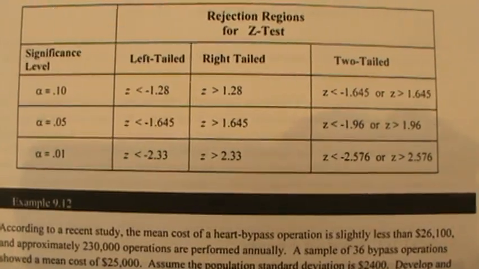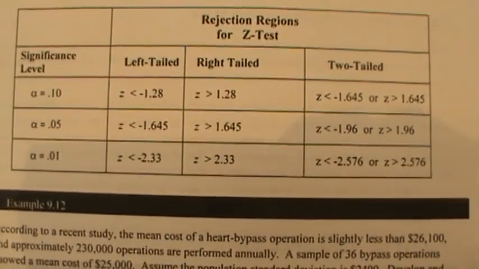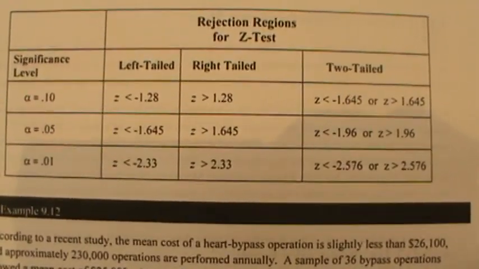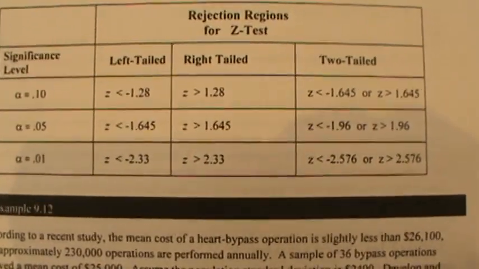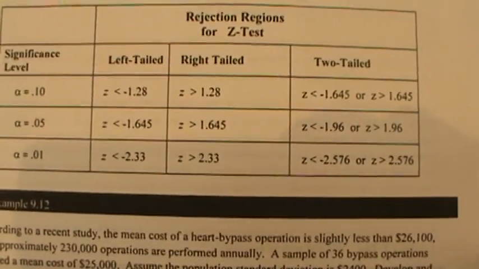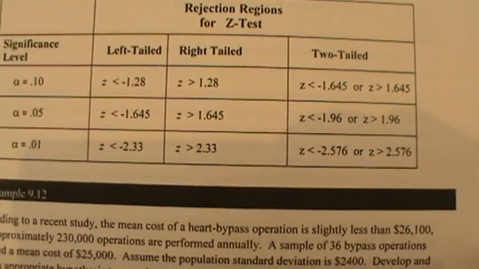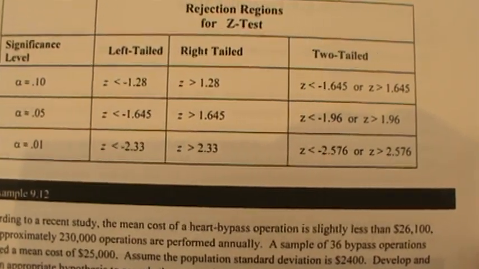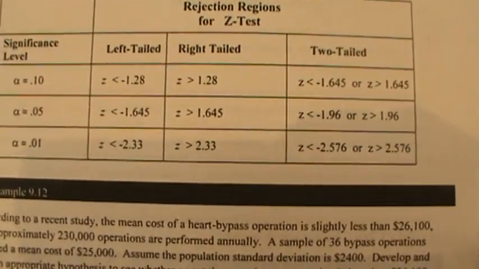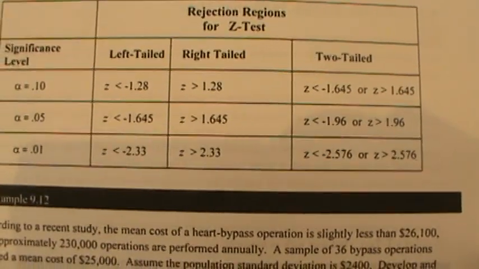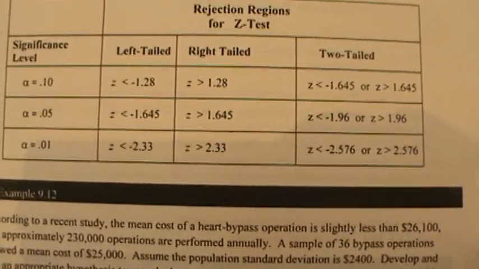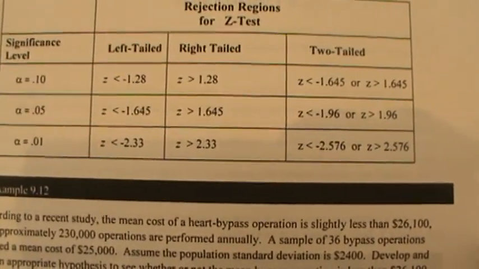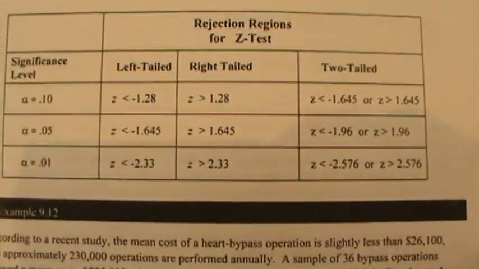And notice that the critical values are different depending on whether it's a left-tailed test, a right-tailed test, or a two-tailed test. And in the two-tailed test, you're doing alpha divided by 2, just like a confidence interval. So for the two-tailed hypothesis test, the critical values are going to be exactly the same as what you would expect when we did confidence intervals.